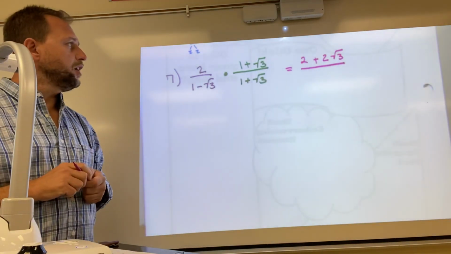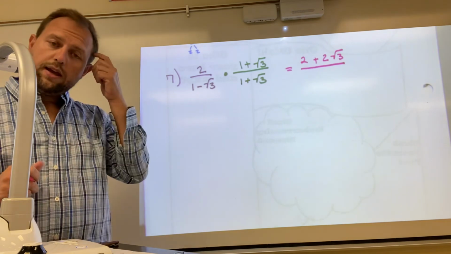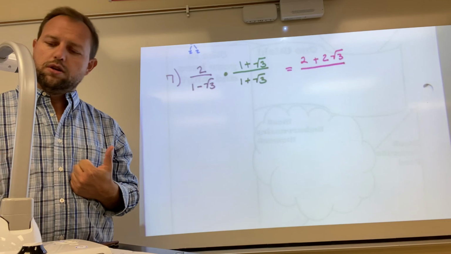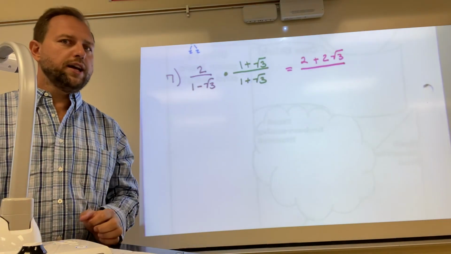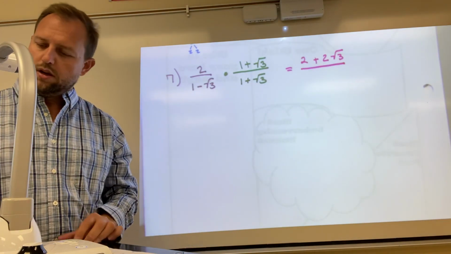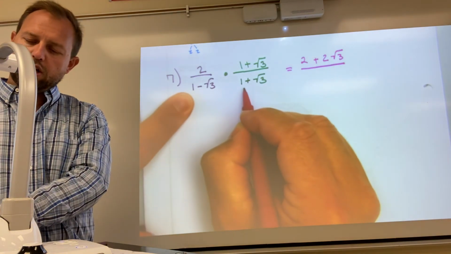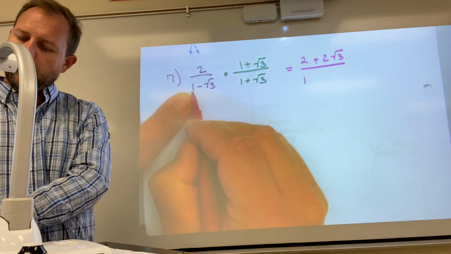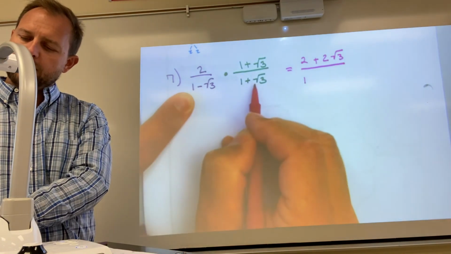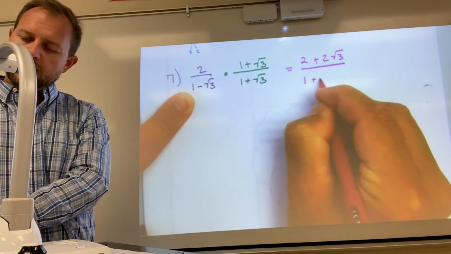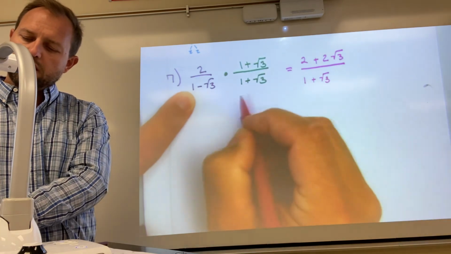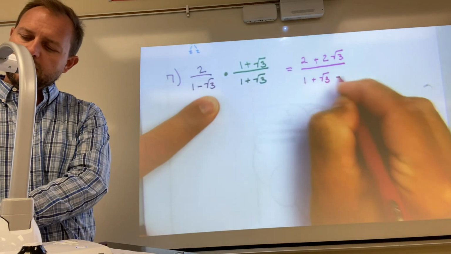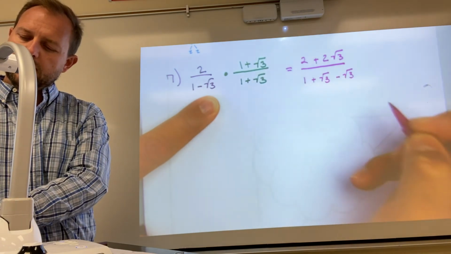The denominator, we have 2 binomials. We have to distribute onto both, or we like to refer to that as FOIL. First term times first term, 1 times 1 is 1. Outside terms, 1 times a positive root 3 is positive root 3. Inside terms, negative root 3 times 1 is a negative root 3.